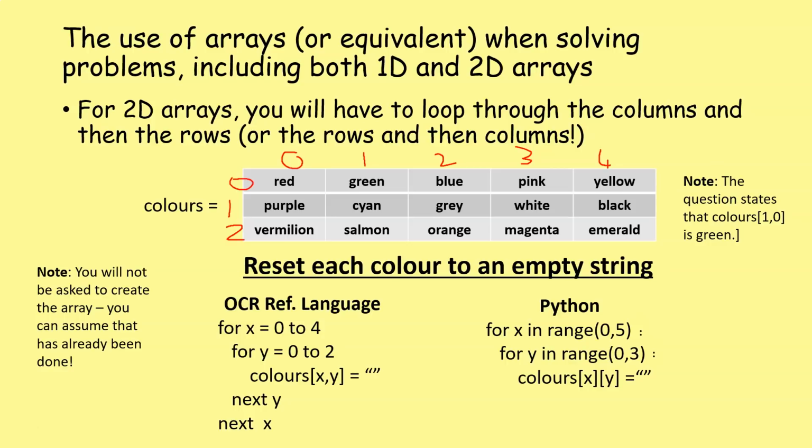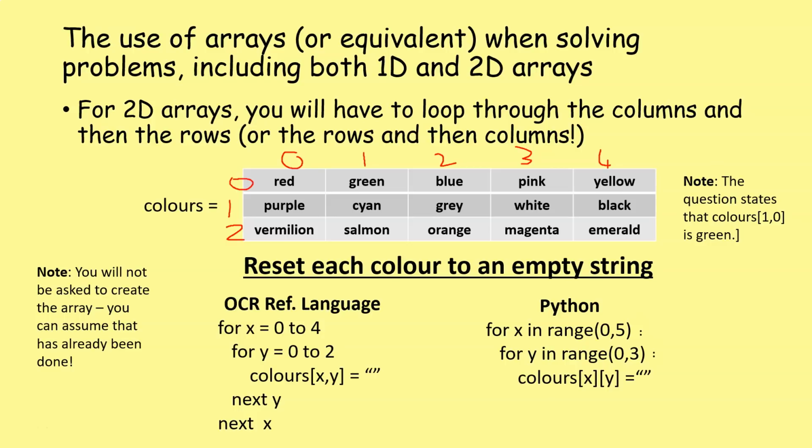And then I could say colors x comma y equals open close quotation marks, because this particular exam question, which I haven't mentioned, but you can probably read it, just says reset each color in the array to an empty string. So I just say colors x, y equals blank string, next y, next x, and that will run and reset and take away all the colors and replace them with empty strings.